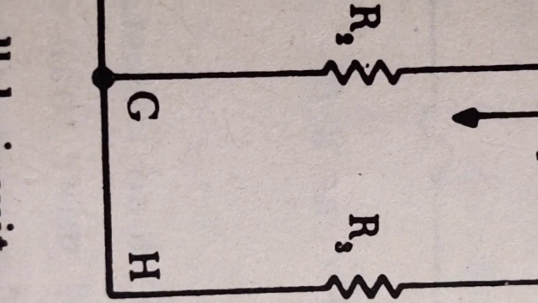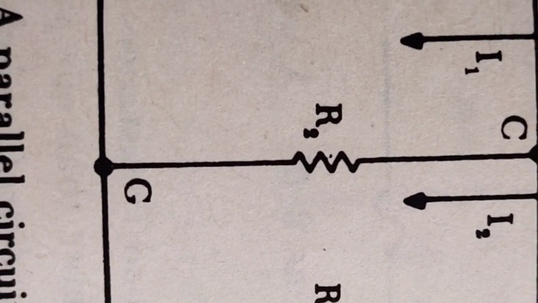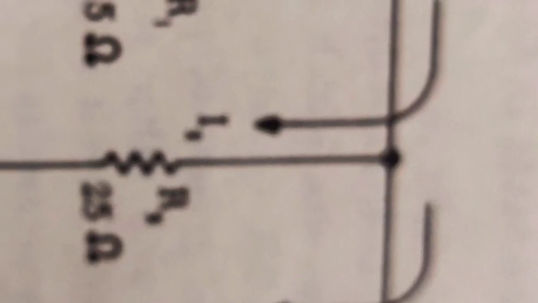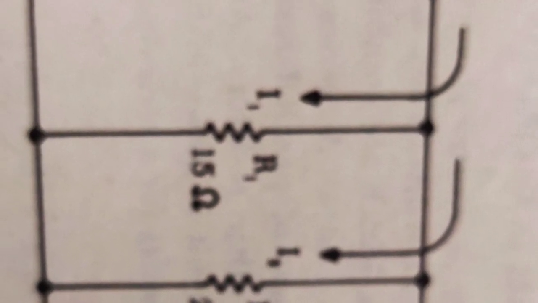The current in a parallel circuit divides among the various branches in a manner depending on the resistance of each branch. See figure. A branch containing a small value of resistance will have a greater current flow than a branch containing a higher resistance.